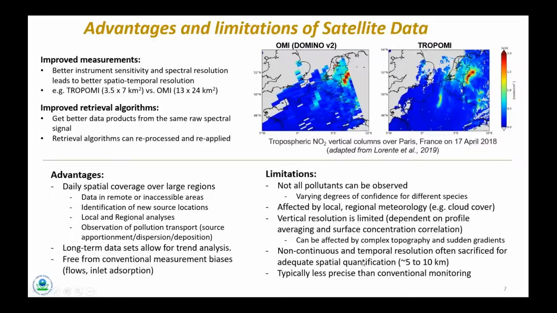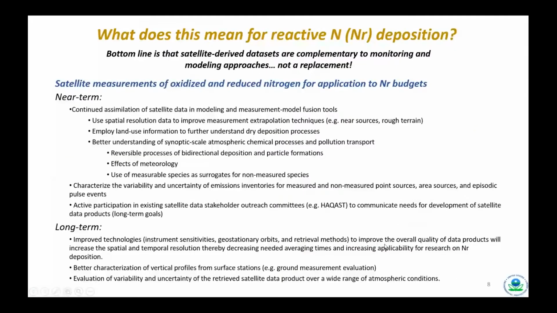The temporal resolution is often sacrificed for an improvement in spatial quantification. We're looking at probably grids around 5 to 10 kilometers for optimal satellite data, and that's going to improve. But for now, that's about what we're working with, and it's typically less precise than monitoring.